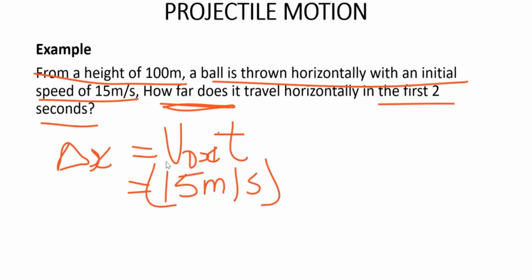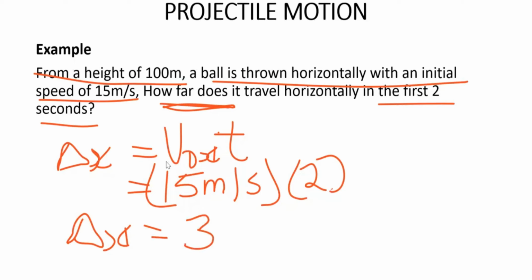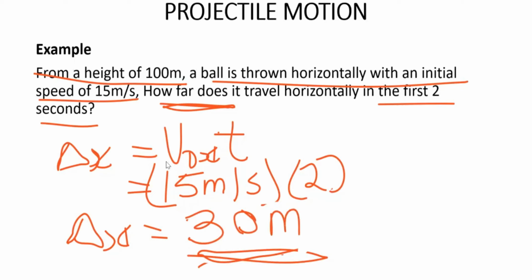Then the time traveled is 2 seconds. When we multiply this, the change in x is equal to 30 meters. How far does the ball travel? 30 meters.